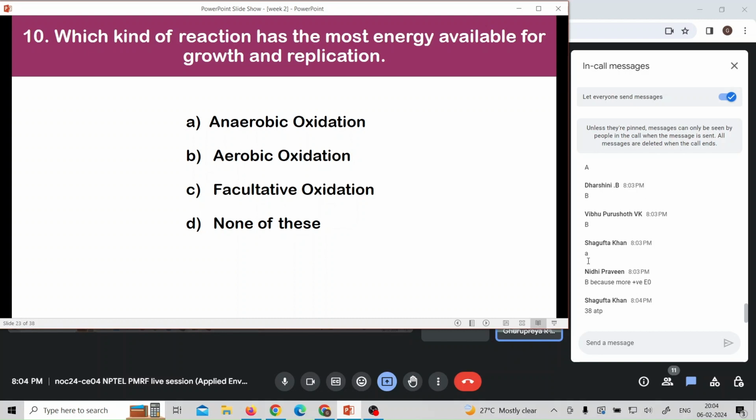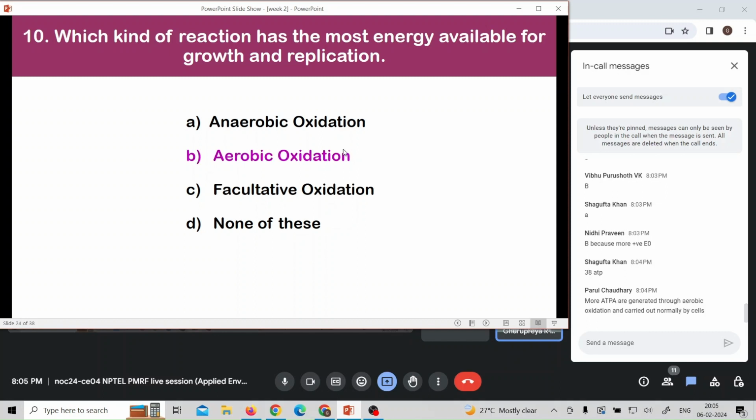There are two processes: an aerobic process, for example, the activated sludge process, and an anaerobic digestion process. If you compare, aerobic oxidation will give us more biomass at the end of the process, more biomass in the sense more cells, whereas in anaerobic oxidation there will not be more biomass present in the sludge.